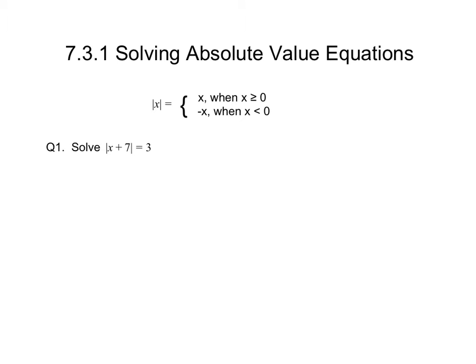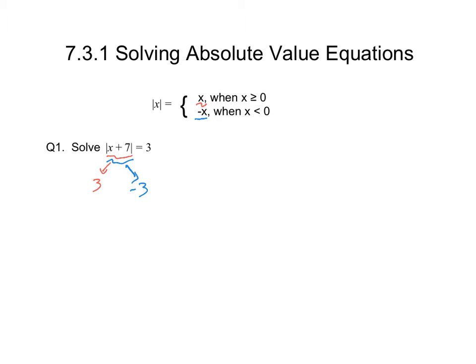Absolute value of x plus 7 is equal to 3. Now, according to this definition, we should have two possible solutions here. One of them is going to be the solution that turns this absolute value function into a positive 3. And the other one is going to be the solution that turns this absolute value function into a negative 3.